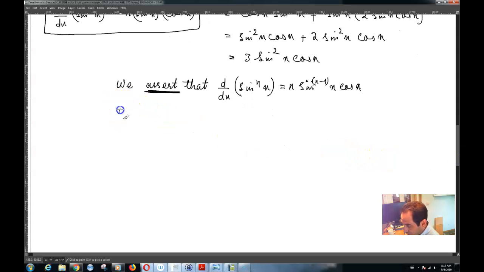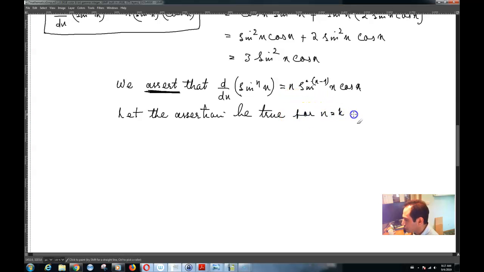So now I can say: let the assertion be true for some n is equal to k.